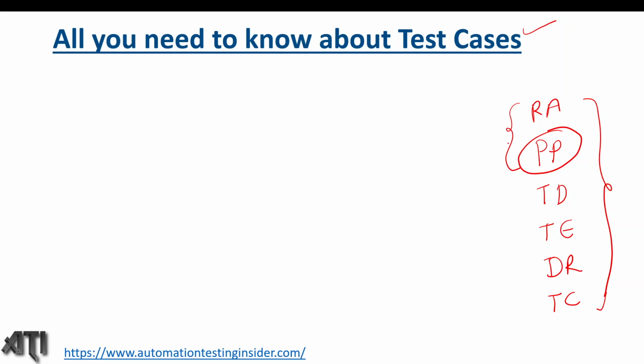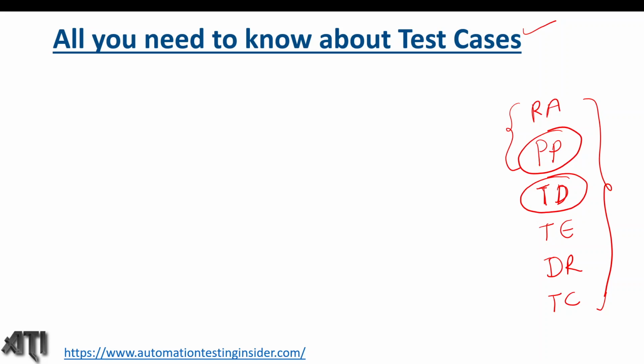Project planning we discussed in the previous videos, where we talked about what is a project plan, and later on we discussed test strategy and the difference between test plan and test strategy. Now today we'll focus on test case design, guys, test design or test case design, where we'll discuss what is test scenario, what are test cases, how to write good test cases, and we'll discuss the format of test cases.